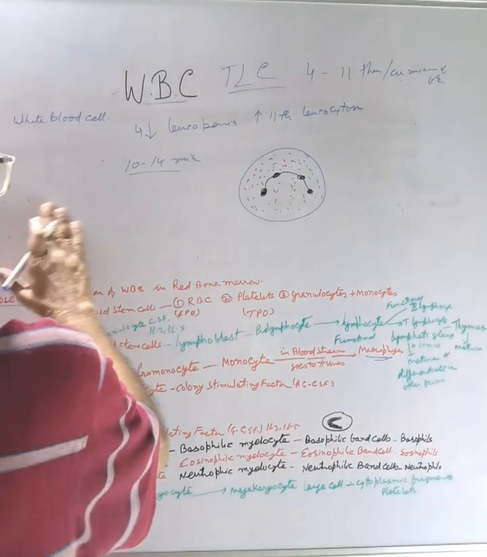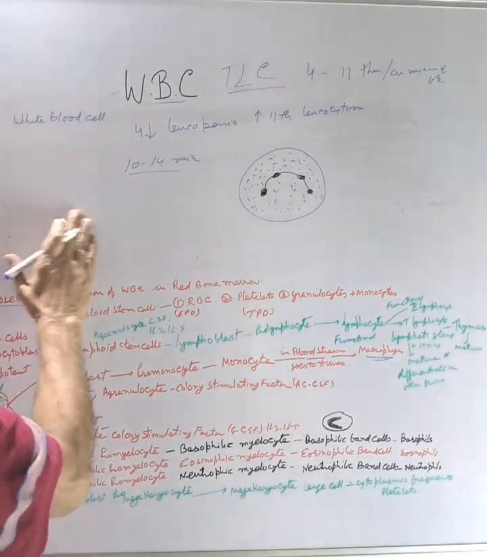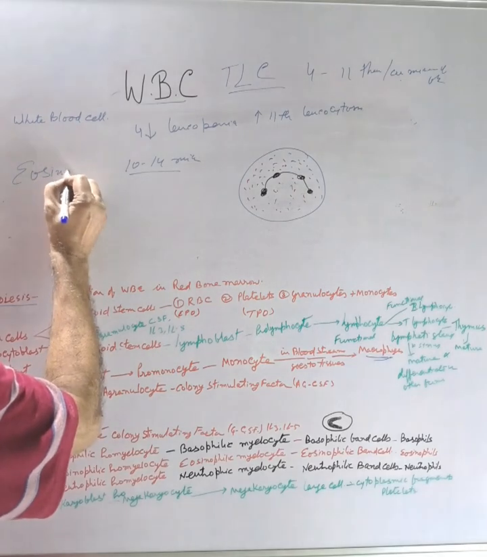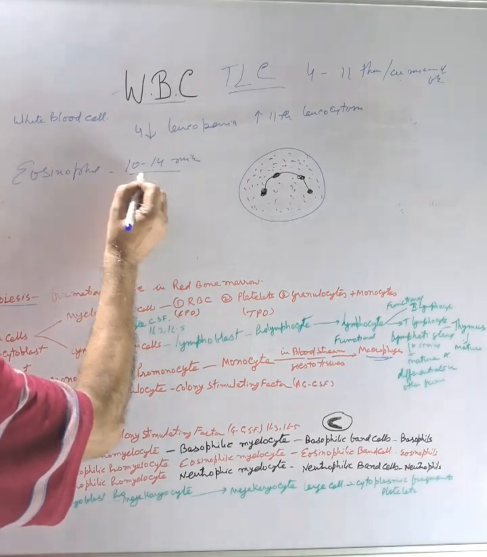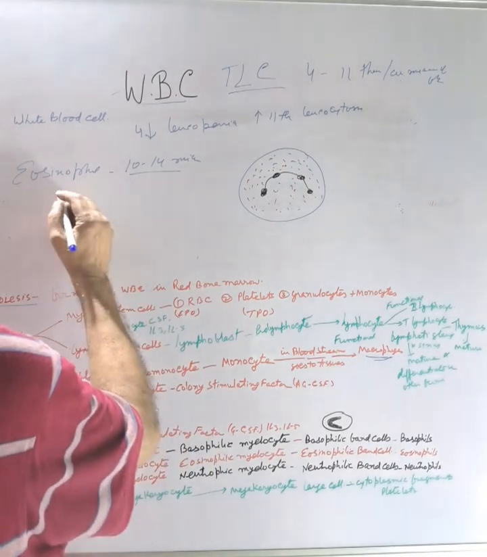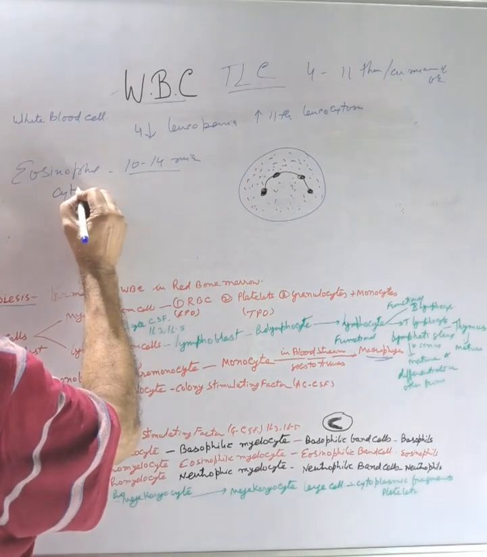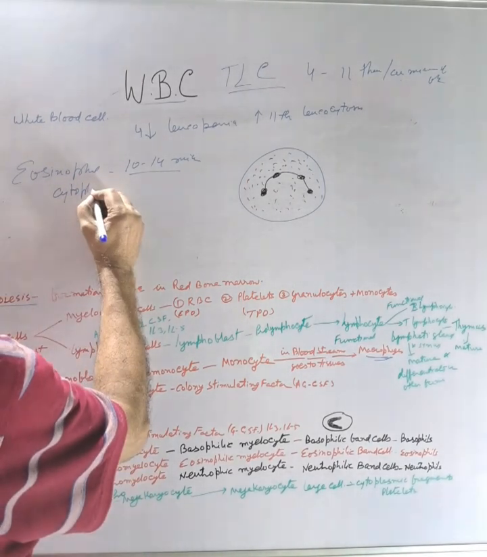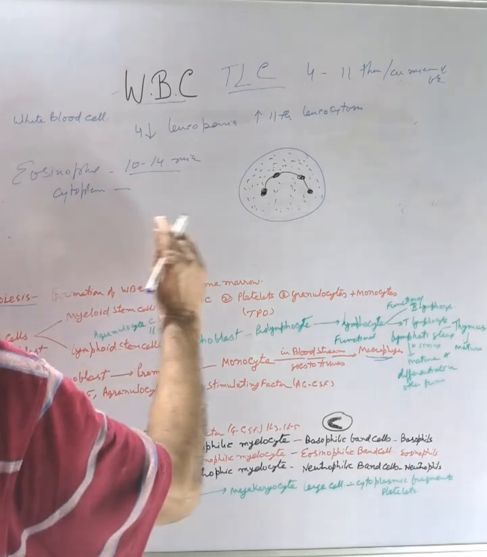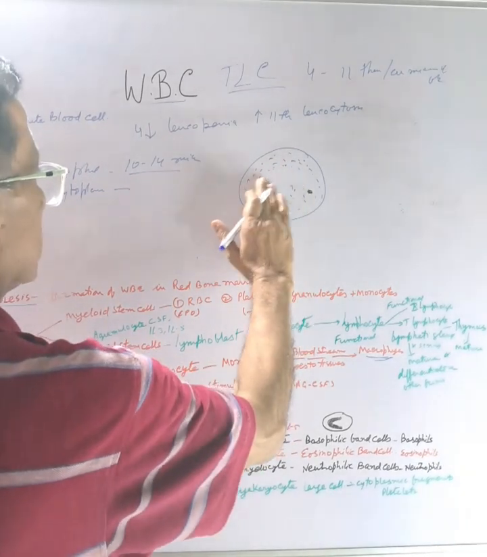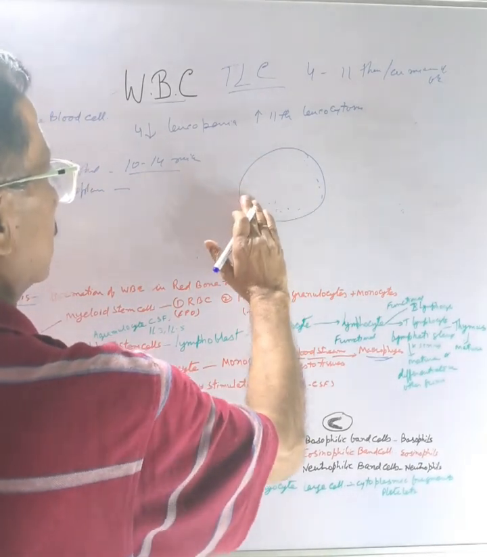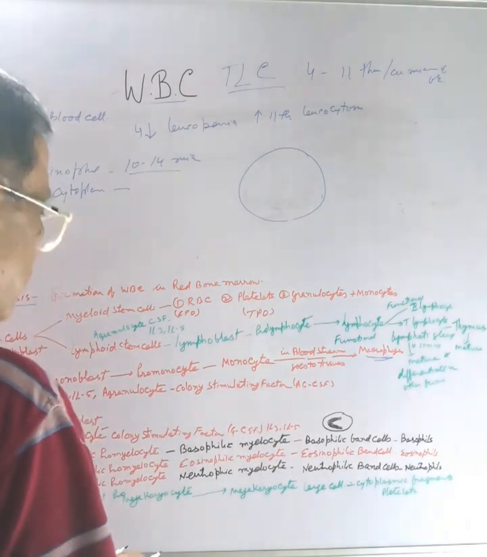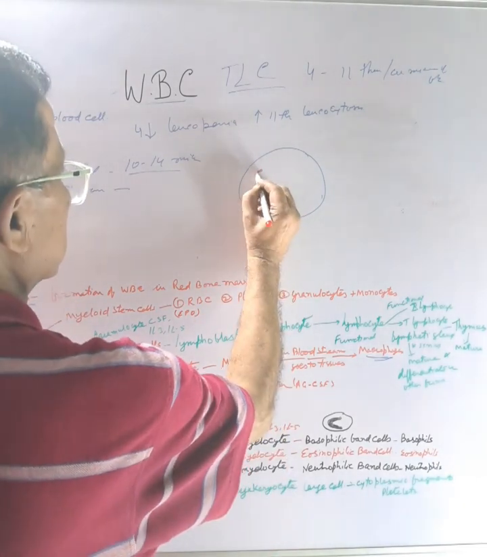Now, eosinophil. Size is 10 to 14 micron. Cytoplasm contains granules which are red in color, that is eosinophilic granules, and these are coarse granules.